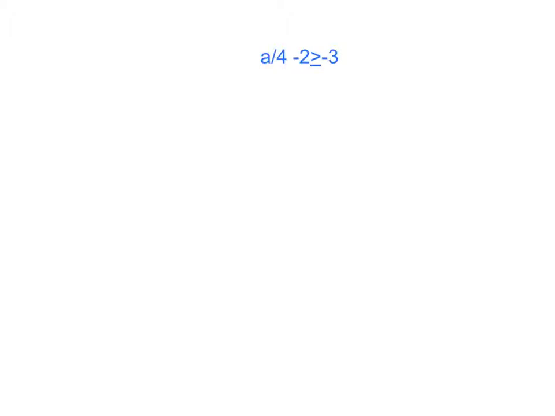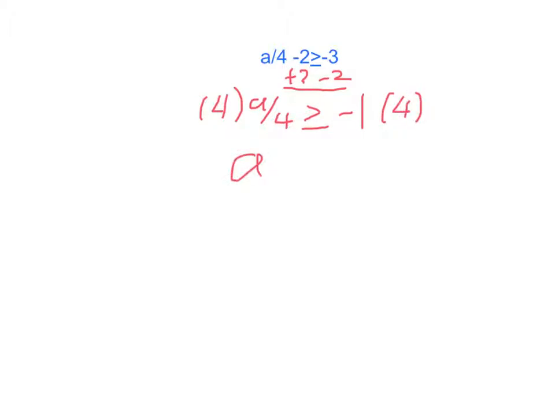The two-step equation is plus 2 on each side, and a 4 greater than negative 1, and on each side multiply by 4, and a is greater than negative 4.